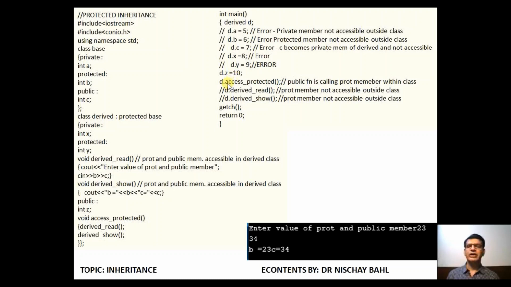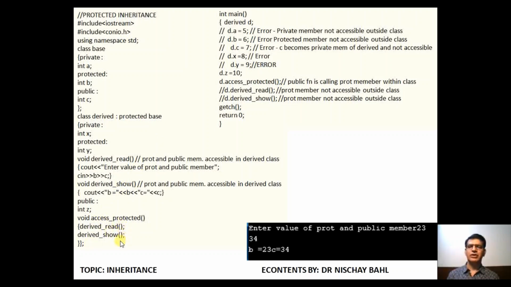Now what is access_protected? It is a public member of the derived class. Public members you can always access outside the class. That public member is calling two protected members, and protected members can be accessed within the class, also within the derived class. So we are calling derived_read and derived_show within access_protected.